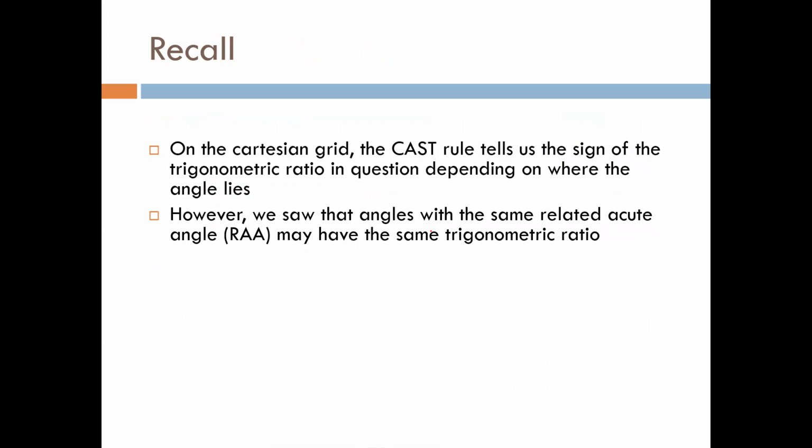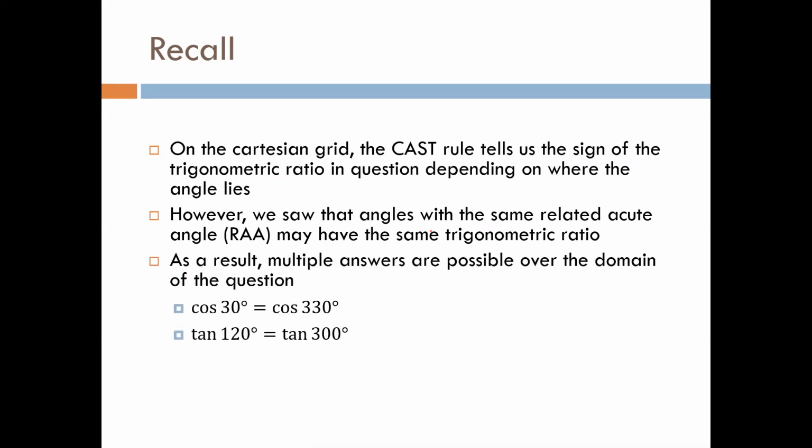The only difference is that the signs will switch. So we have to consider that different angles with the same related acute angle are in different quadrants but can still have the same trig ratio. That makes it more complicated, because there's actually more than one answer when we work backwards. So we had to consider more than one possible answer.